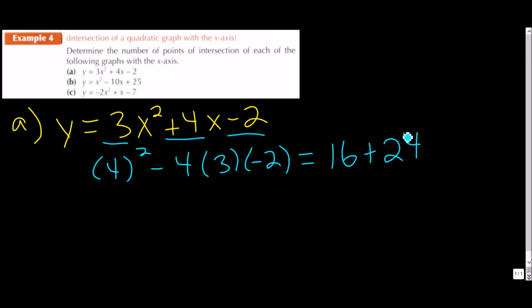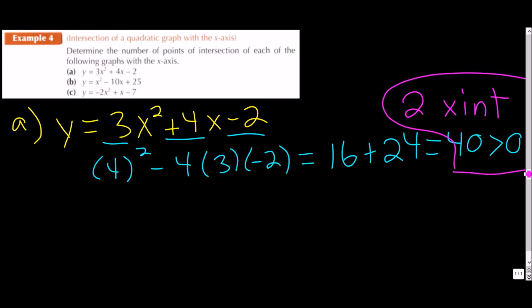Remember, the negative and the negative make a positive. So that is 40, which is greater than 0, isn't it? So that means we have 2 x-intercepts. Because our discriminant is 40, which is bigger than 0, that's what we get.